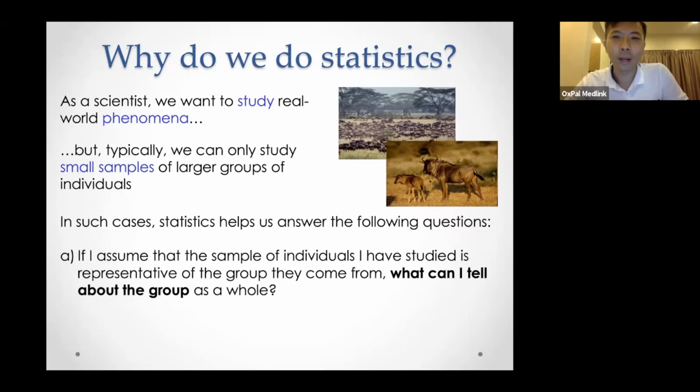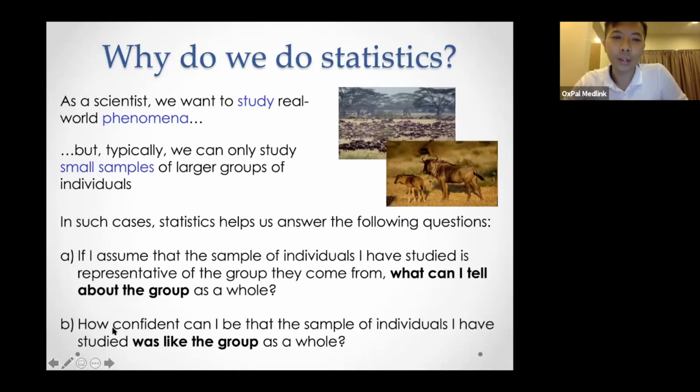And the second one is how confident we are that the sample is representative of the population. That is the other question that we want to answer, because we want our sample to be random, to be representative. So we need to make sure that we are confident that it is representative of the population.